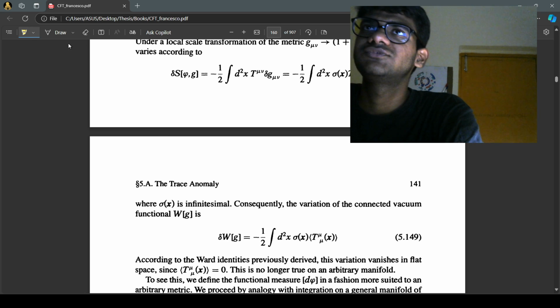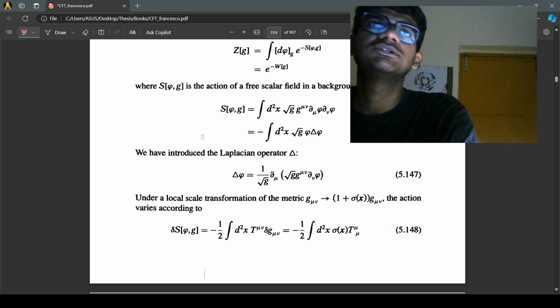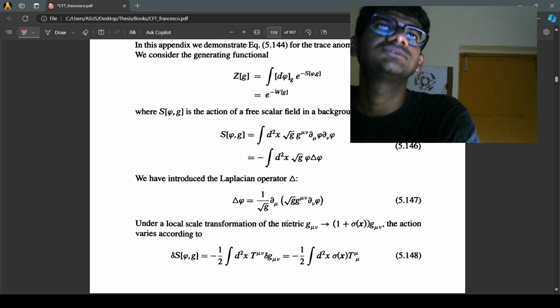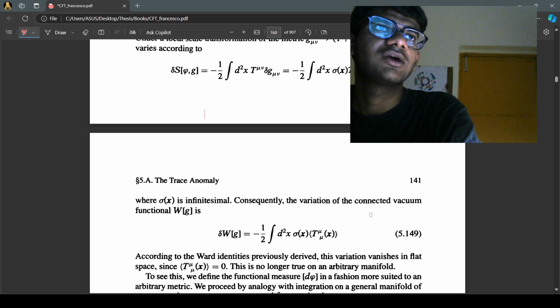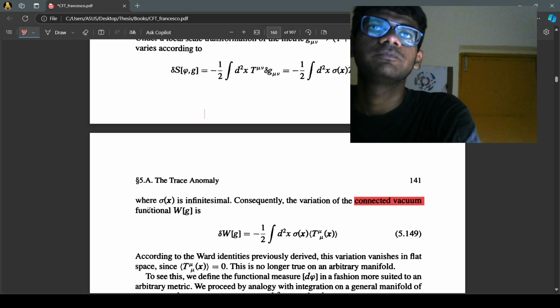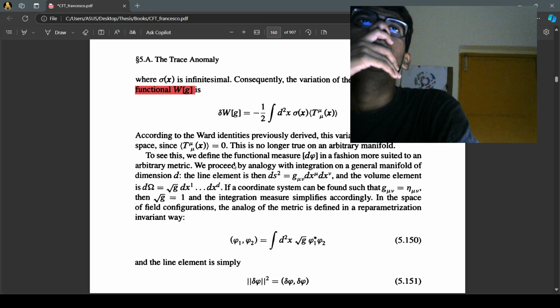So this is first a note, sort of a deeper note to things. These are the calculations that I need to go through. This is my own baggage. The new baggage is this connected vacuum functional.